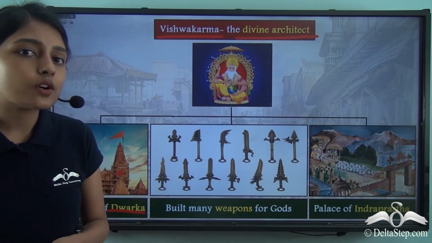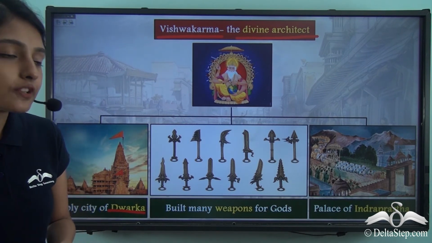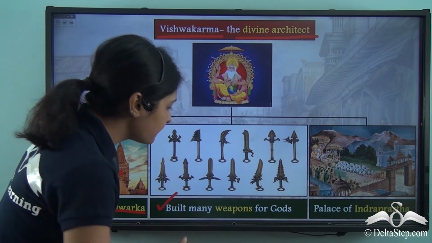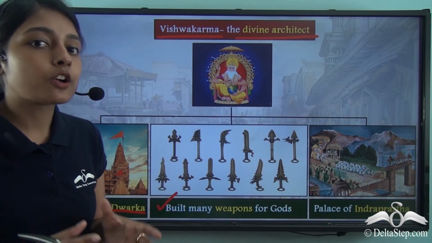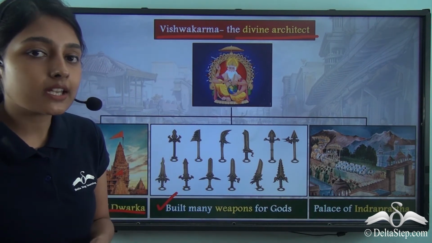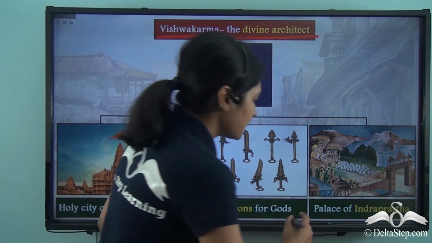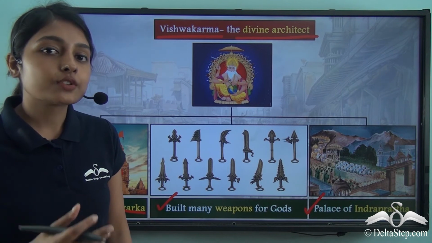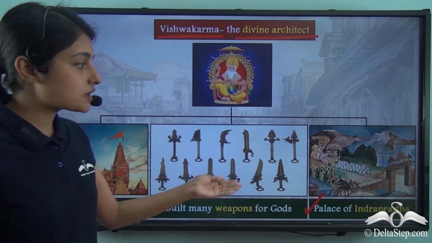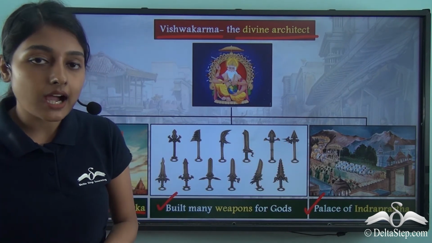Along with that, it is also considered that Lord Vishwakarma built many weapons for the gods. And simultaneously, Lord Vishwakarma, as the divine architect, also made the palace of Indraprastha for the Pandavas. So you can understand how Vishwakarma is considered the divine architect.